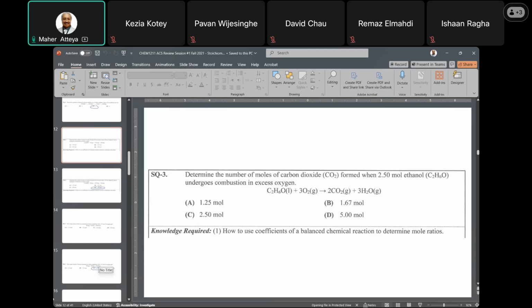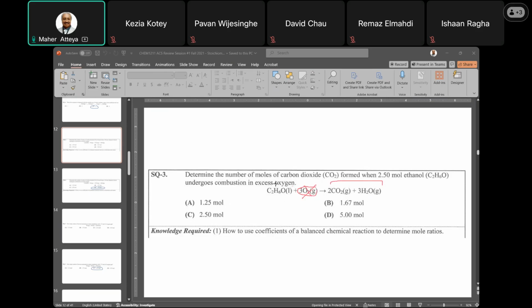You have 2.5 of ethanol. The oxygen is in excess, so we are not considering it for the reaction. The yield of both products is based on the limiting reactant.